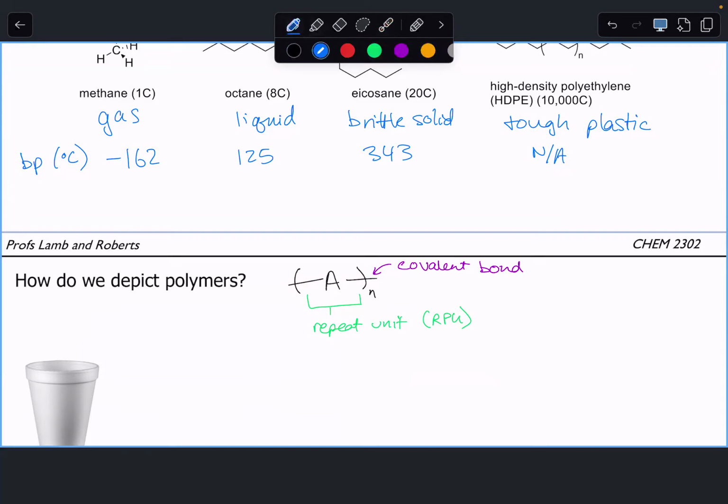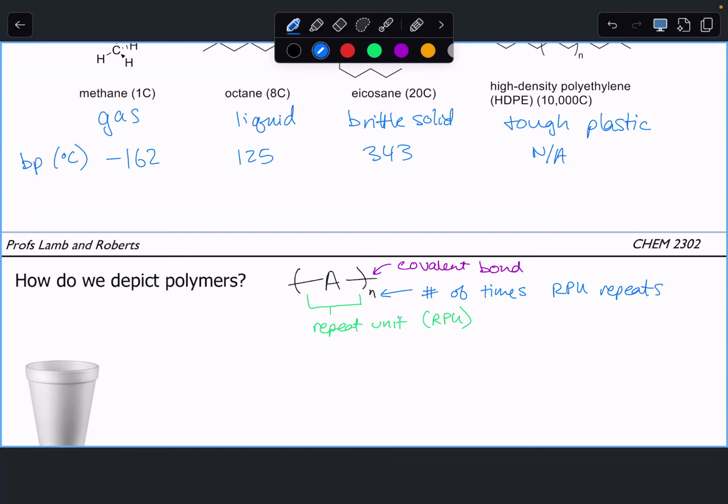And then finally, we have this little subscript here. This tells you the average number of times that the repeat unit repeats. It's average because polymers have a distribution, so it's not exactly that many times, it's approximately that many times. And it's not always n.